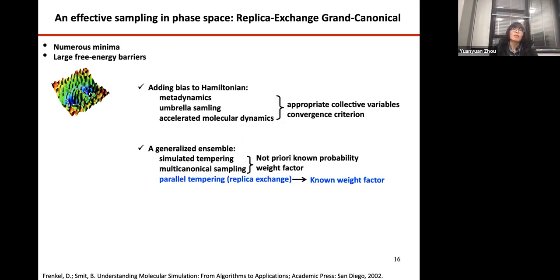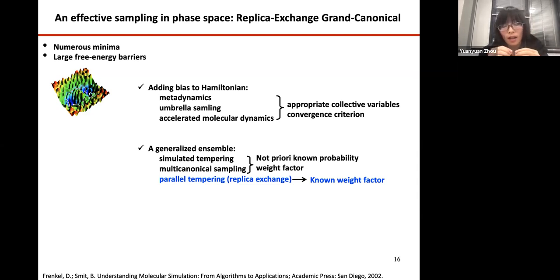As mentioned before, there are many methods developed to overcome the kinetic barrier. According to their work philosophy, they can fall into two categories. The first category is adding a bias term to the Hamiltonian of the original system, such as metadynamics, umbrella sampling, and accelerated molecular dynamics.